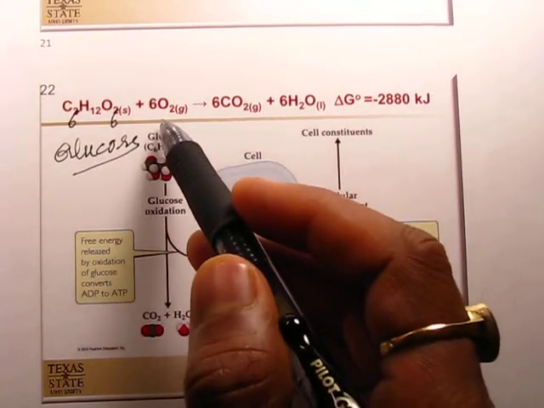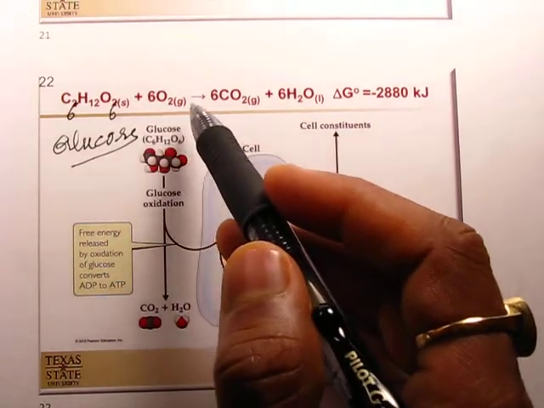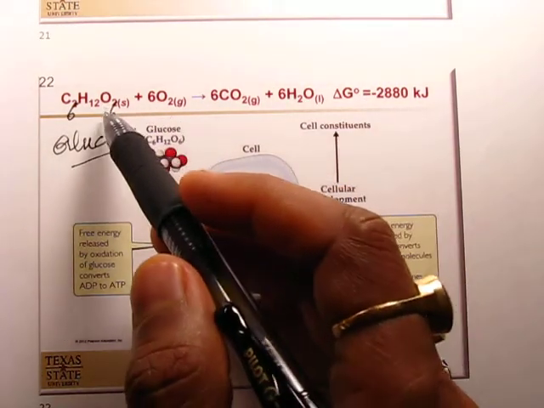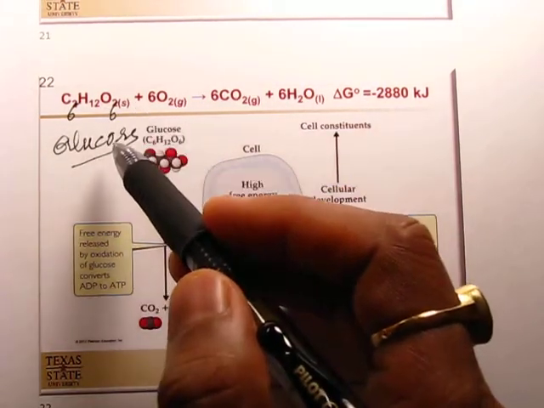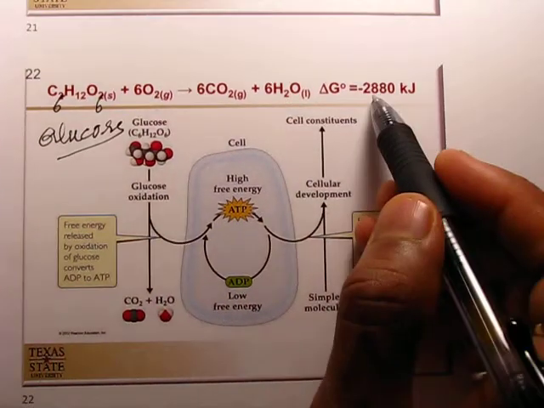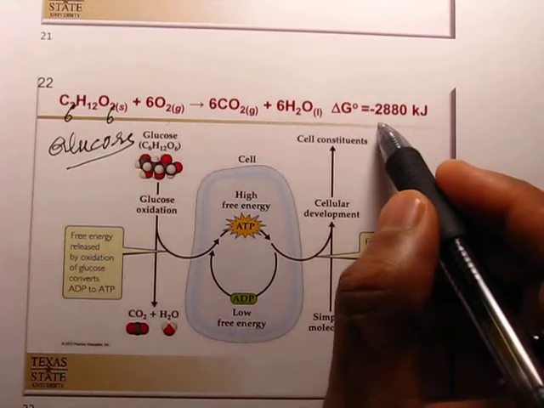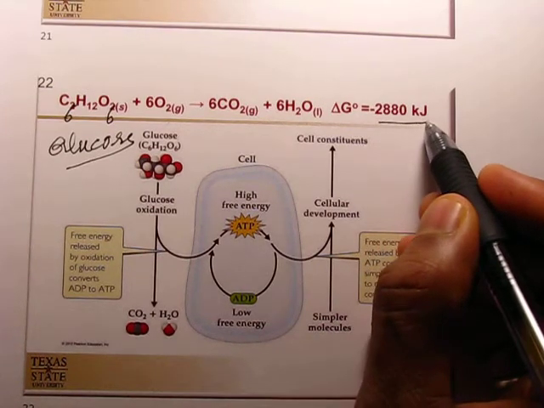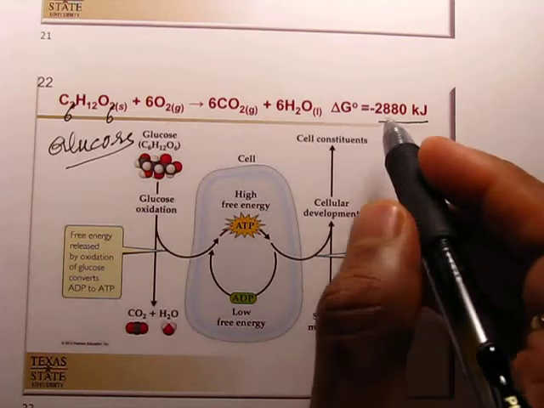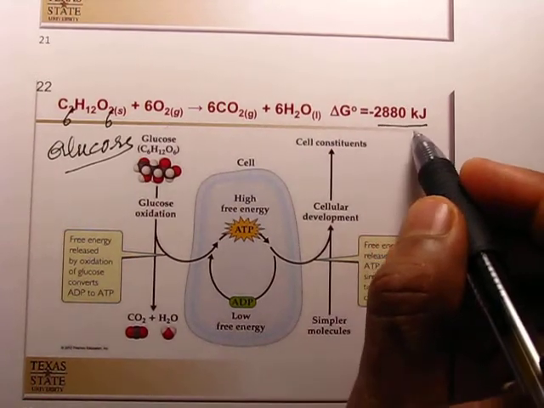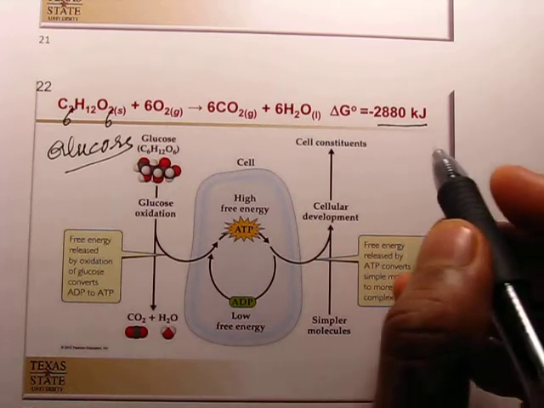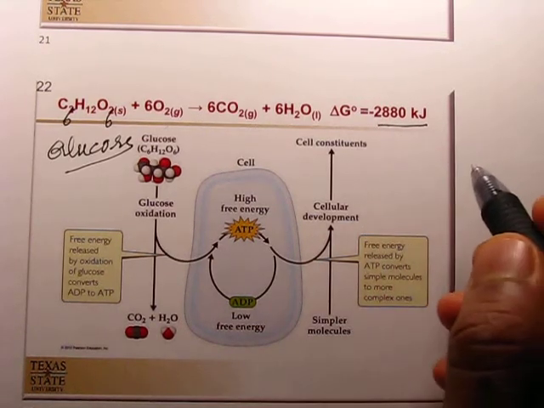When we inhale air by breathing, the cells utilize the oxygen, so oxygen is burning glucose and producing carbon dioxide gas and water, and this much energy, 2880 kilojoules, comes out. This energy we utilize to do all our daily life activities, and this energy is called the Gibbs free energy.